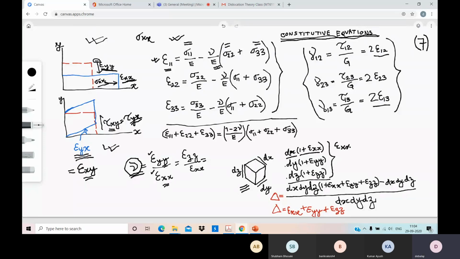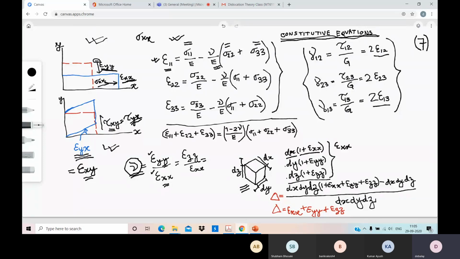Similarly, dy becomes dy into 1 plus epsilon yy, and dz becomes dz into 1 plus epsilon zz. So the change in dimension is epsilon xx into dx, epsilon yy into dy, epsilon zz into dz.